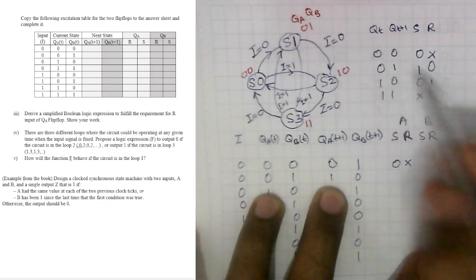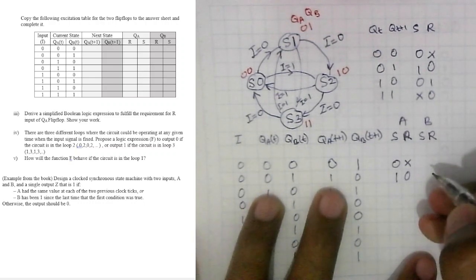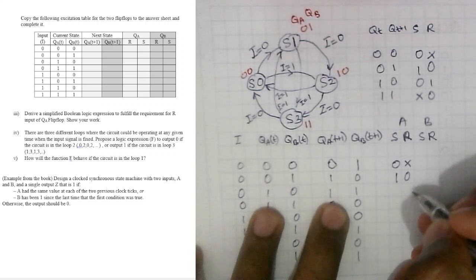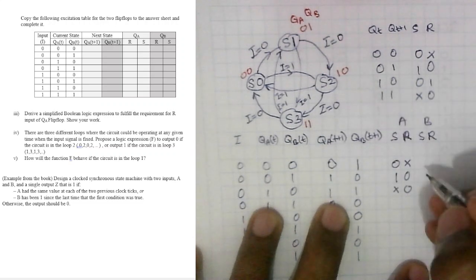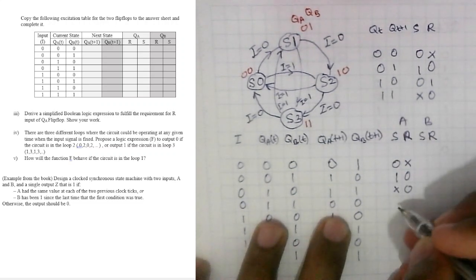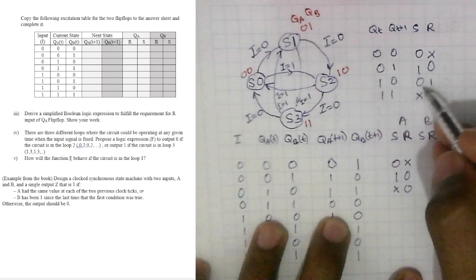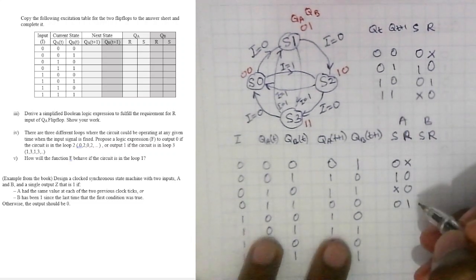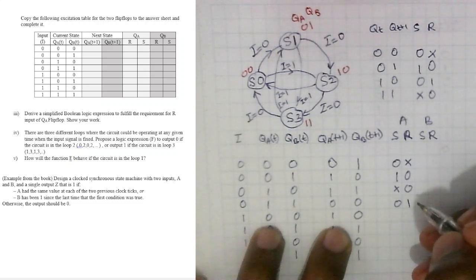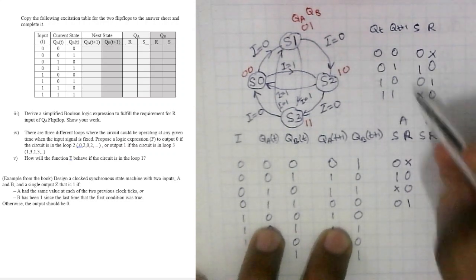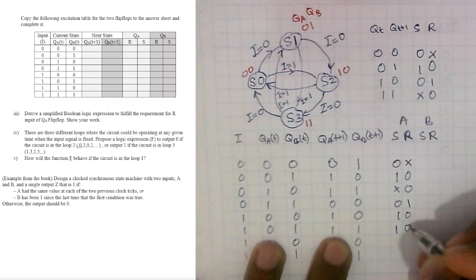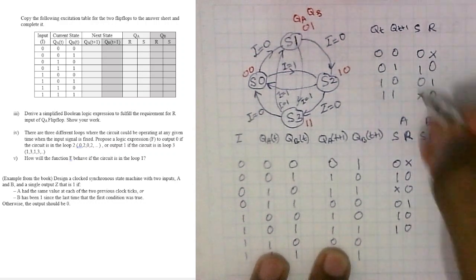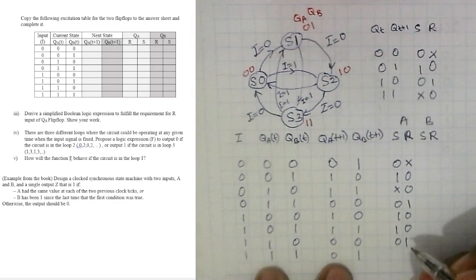0 to 1 must be 1 0. 1 to 1 is X 0, right? It's coming from here, 1 to 1 is X 0. 1 to 0 is 0 1. 0 to 1 is going to be this row, right? 1 0. 0 to 1 is 1 0. 1 to 0 is 0 1. 1 to 0 again 0 1.